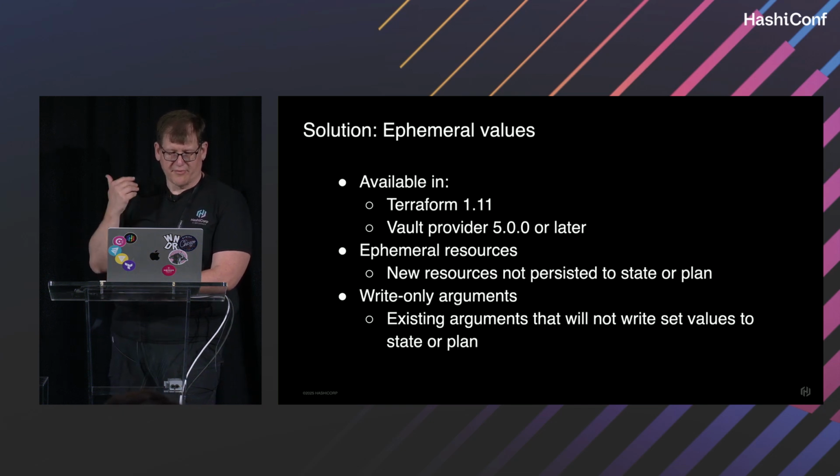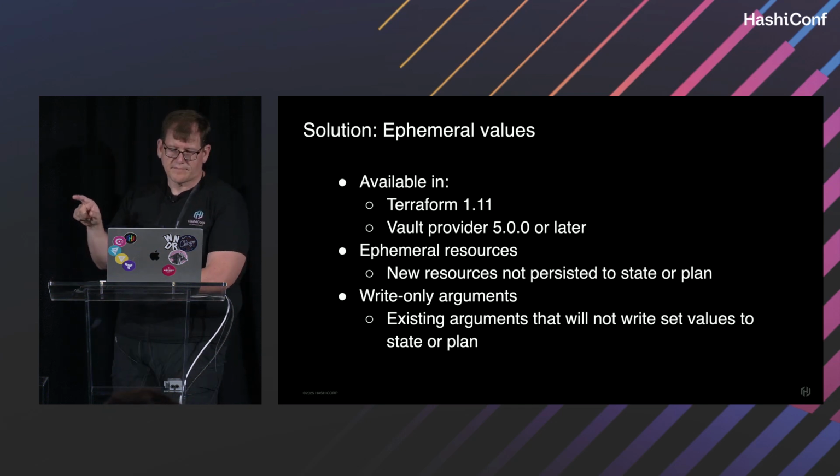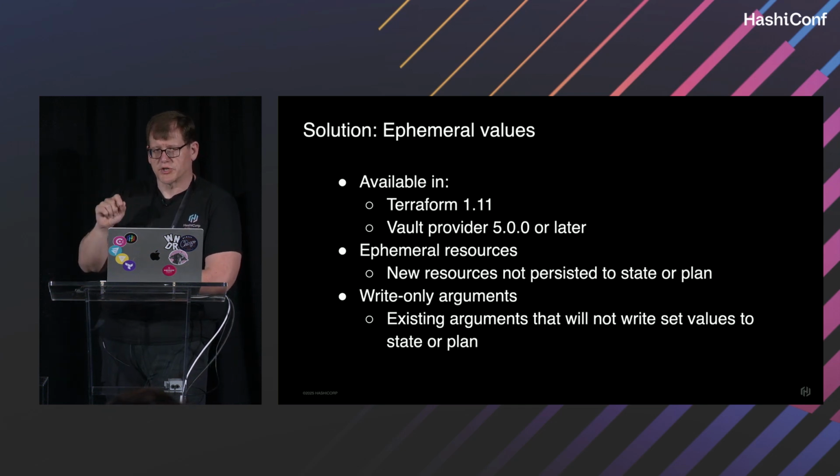Terraform had them a little before the Vault Provider did. The two things we're worried about now are ephemeral resources, a new type of resource where the information is not persisted to the state or to the plan and is only used during execution, and write-only arguments, which are modifications to current resources so that, by specifying that they're write-only, these values will not be persisted to state or the output plan.